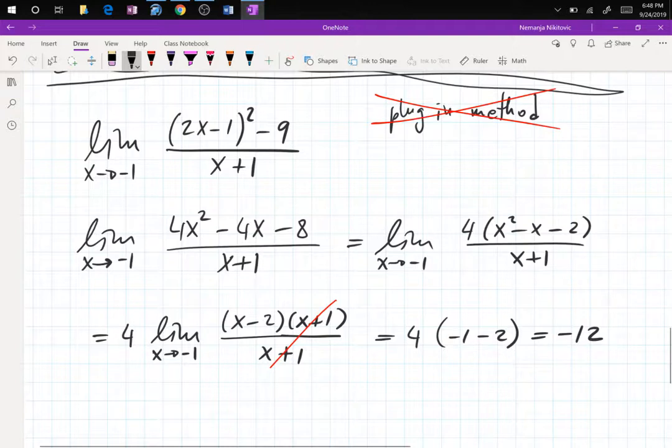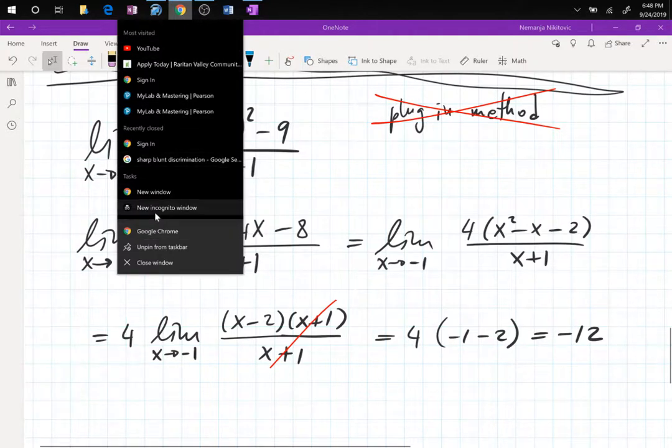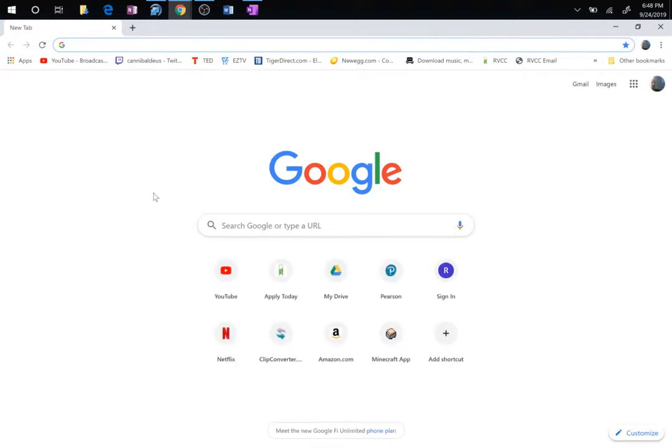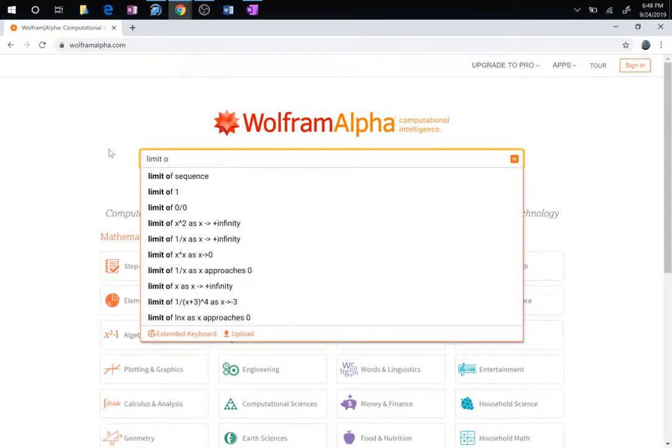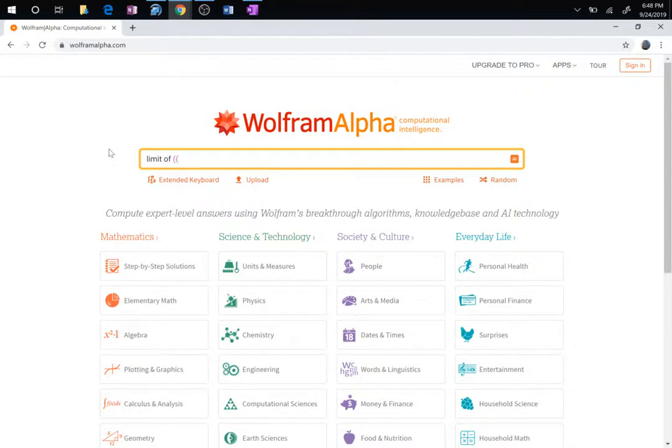So just to verify that this is all good, I'm going to open up a new window, go to Wolfram Alpha, and say limit of double open parenthesis, 2x minus 1, squared, minus 9, close parenthesis, divided by open parenthesis x plus 1, close parenthesis, as x goes to negative 1.